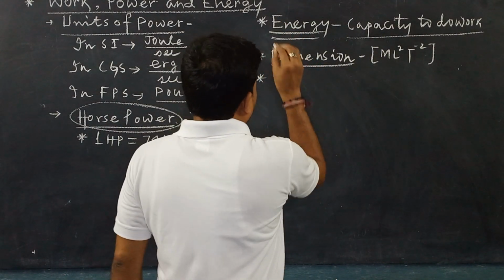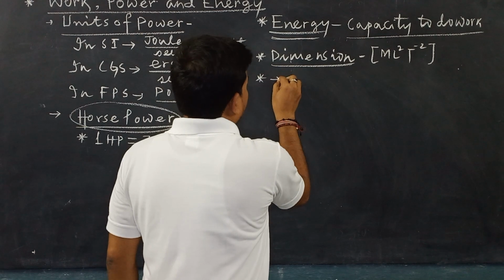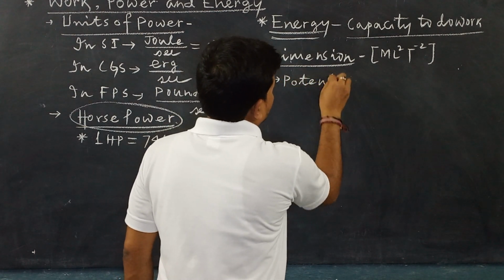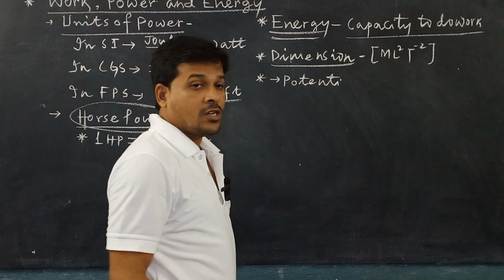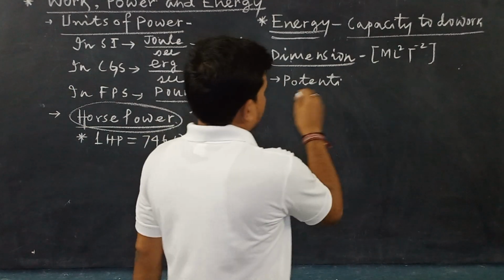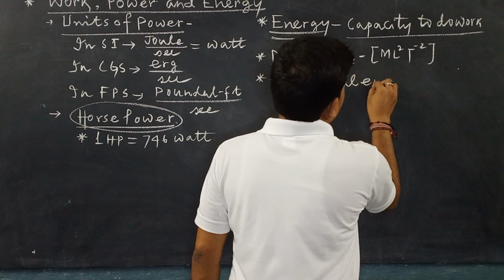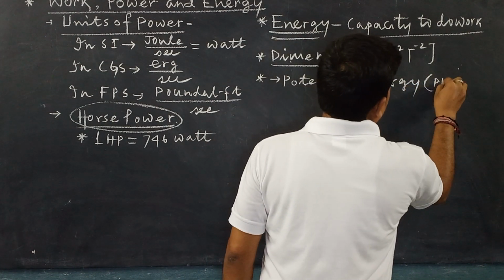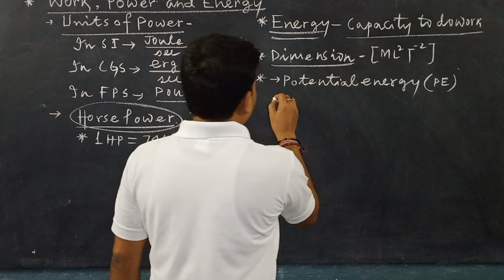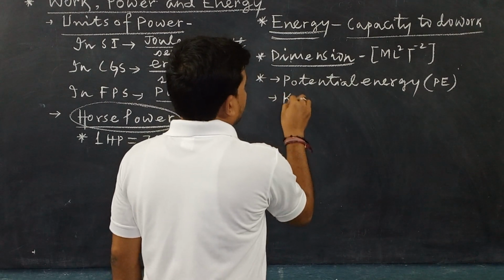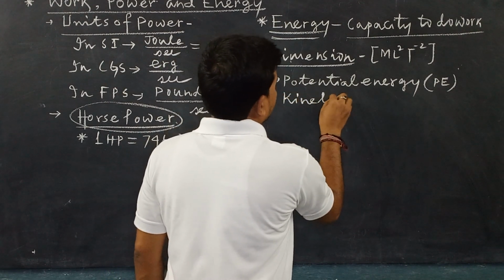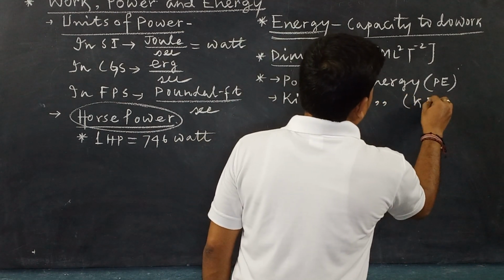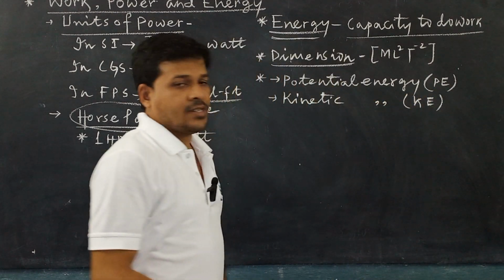Energy may be of different types depending on whether the body is at rest or in motion. Potential energy is for a body at rest, simply denoted by PE. And kinetic energy is for a body in motion, simply written KE.